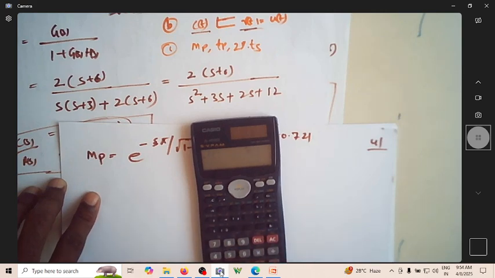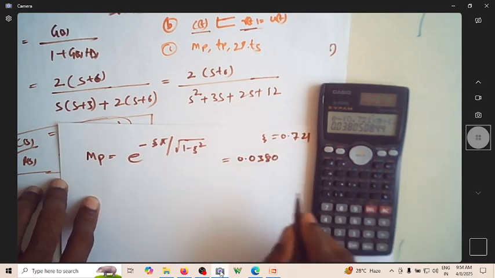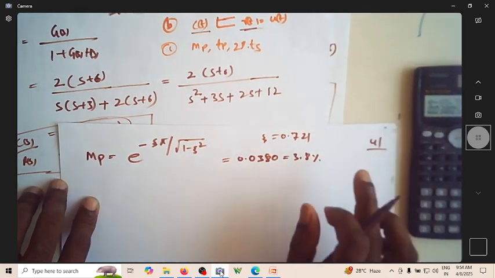You can see it is 0.0380, which happens to be 3.8% overshoot.